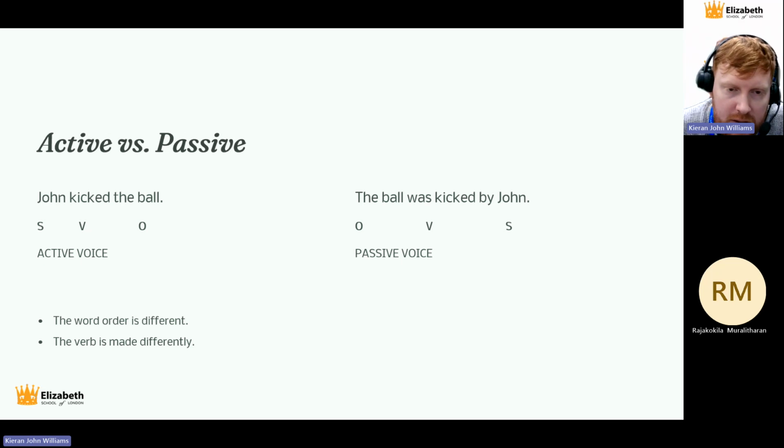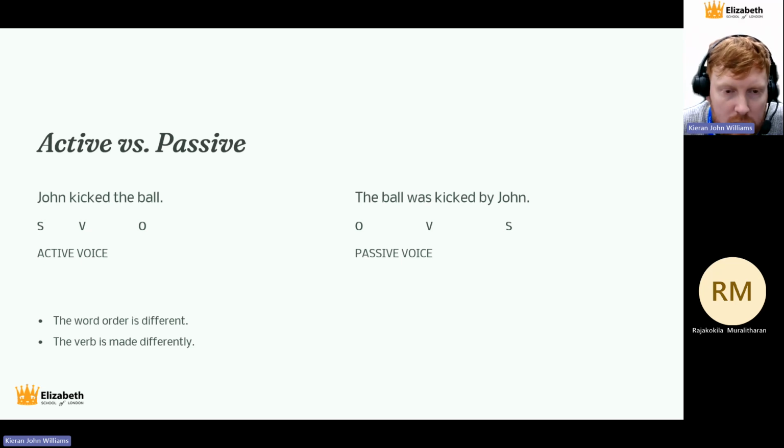We can choose to put the subject in or not. So the ball is now at the start of the sentence, but it's still the object. Was kicked is our verb. And then, if we want, we can say who did the action afterwards.